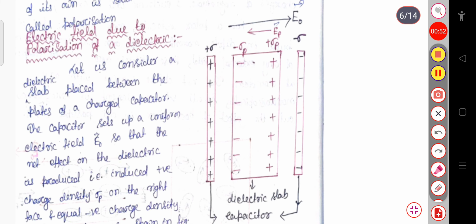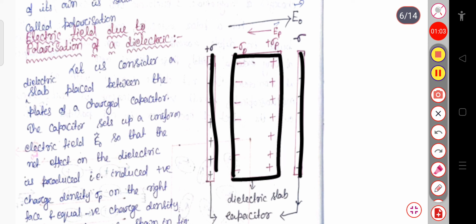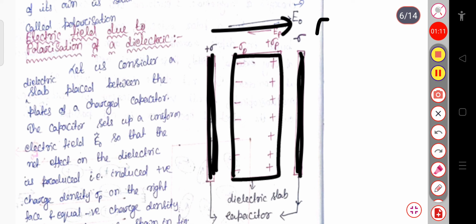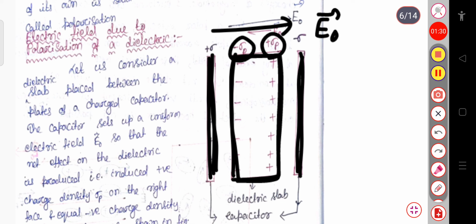Since from the previous lecture we have already discussed that if there is a charged parallel plate capacitor, then the electric field E naught is the applied electric field, and if you introduce a dielectric slab in between these two plates, there will be an induced dipole moment, or some induced surface charge density developed.